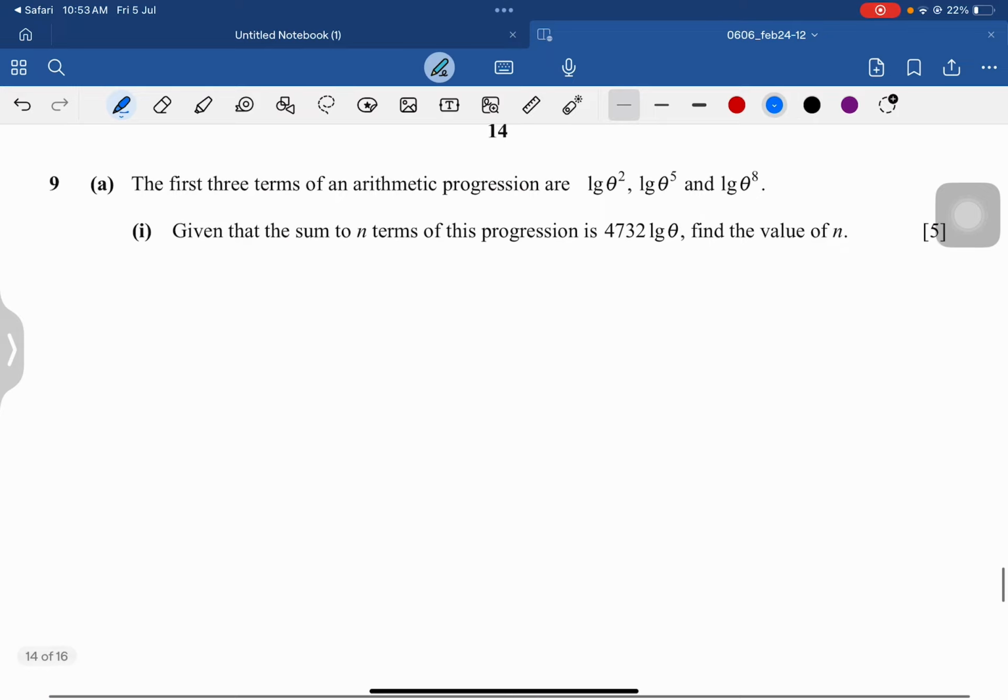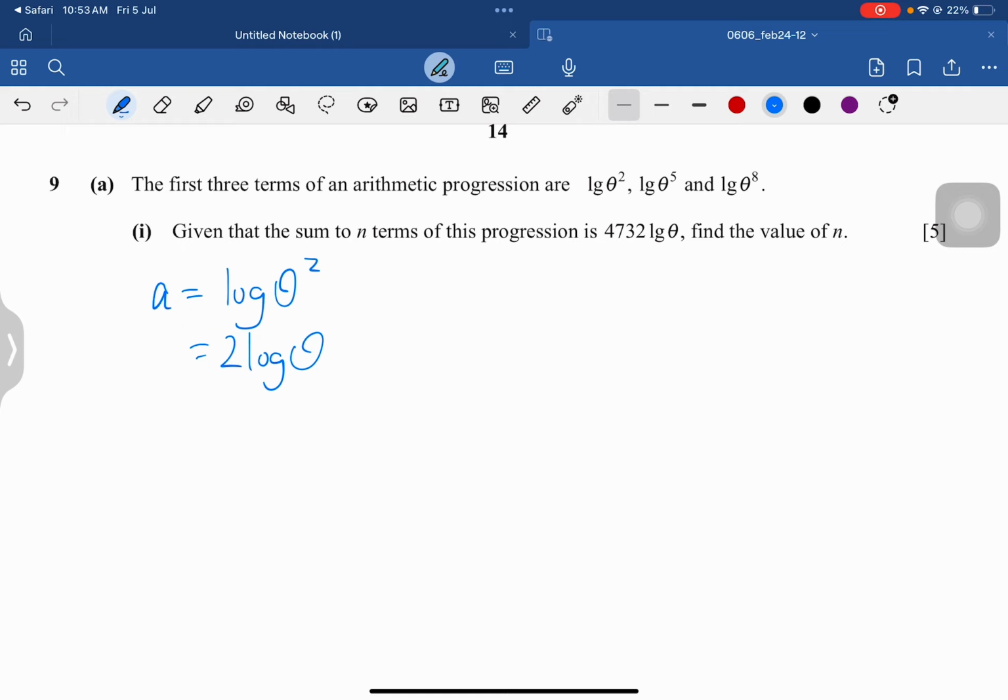Okay, question 9 is an arithmetic progression. So, the first three terms are provided. A is going to be log theta square, or you can put 2 log theta. Arithmetic is talking about common difference, so the common difference is the second term minus the first term.